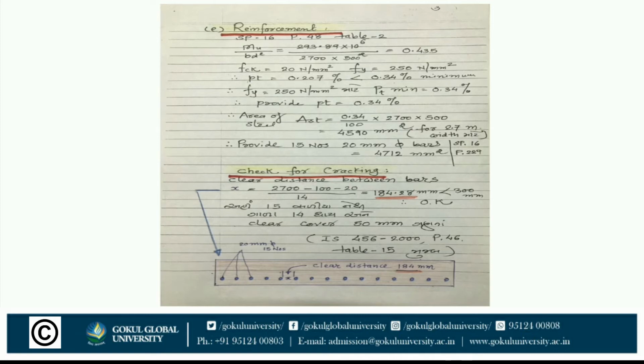So for Fy 250 Newton per mm square, we have to take minimum Pt equal to 0.34 percent. So area of steel required for footing Ast will be 0.34 upon 100 into length of the footing, that means 2700 mm into 500.